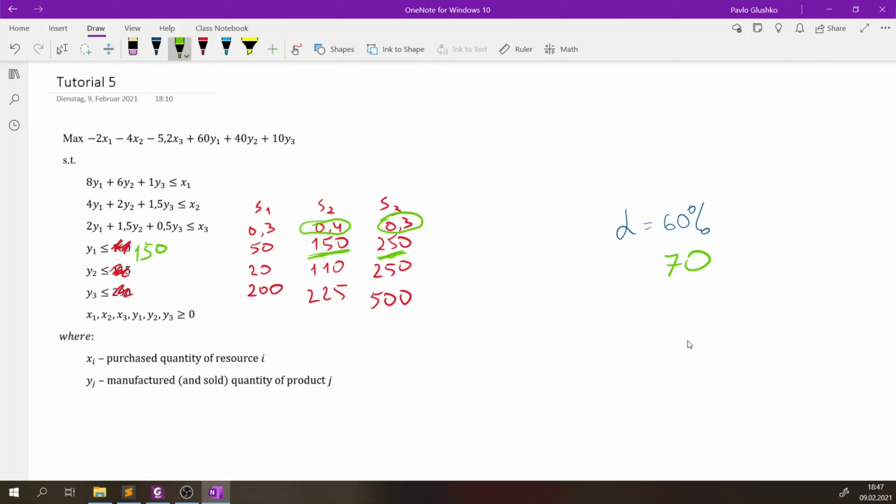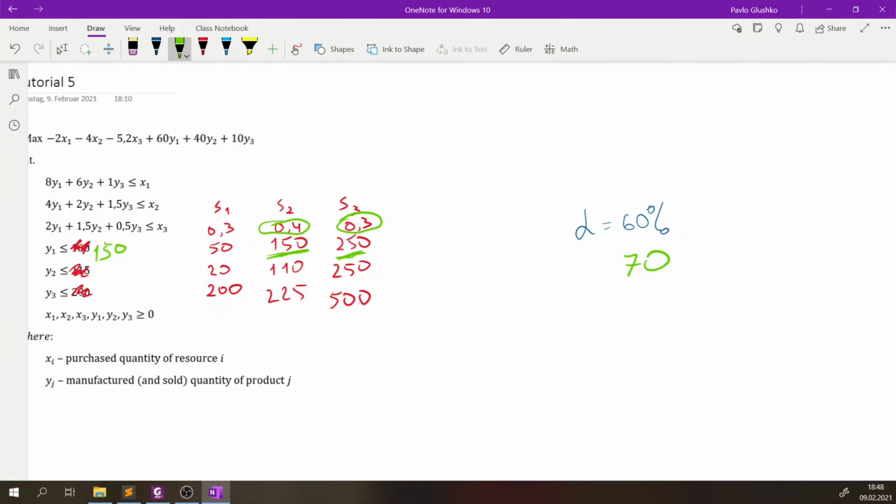Now, all three parameters for every one of the constraints change in the same direction for every scenario, or they are ranked in the same way. For the first product, demand in scenario 1 is the smallest, and in scenario 3 is the highest.